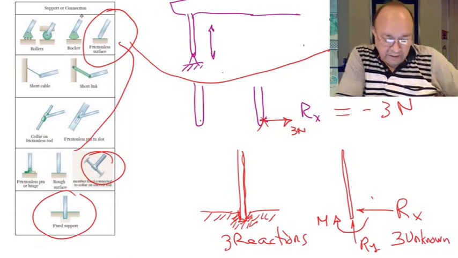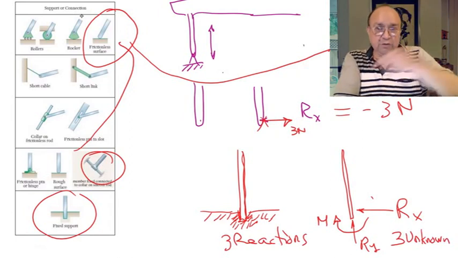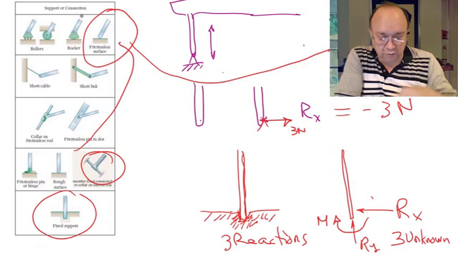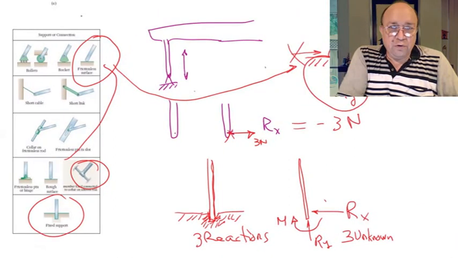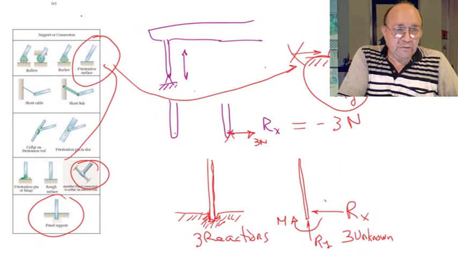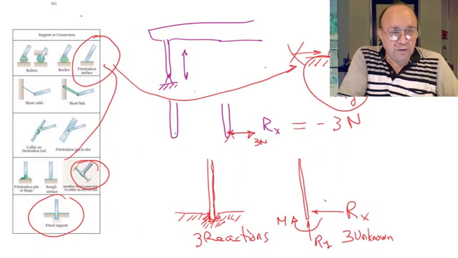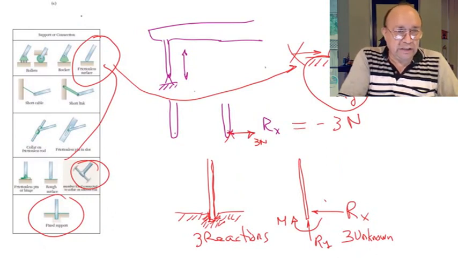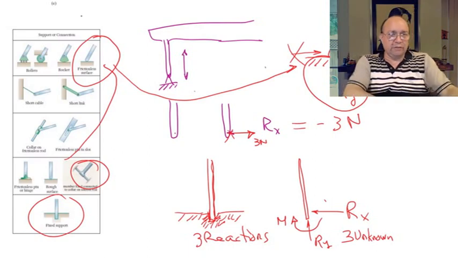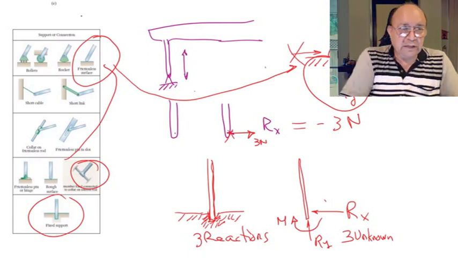If those are the three unknowns that you have in your problem, you use your three equations of equilibrium to solve them. All right, so those are the supports that we usually encounter in the problems of equilibrium of bodies.